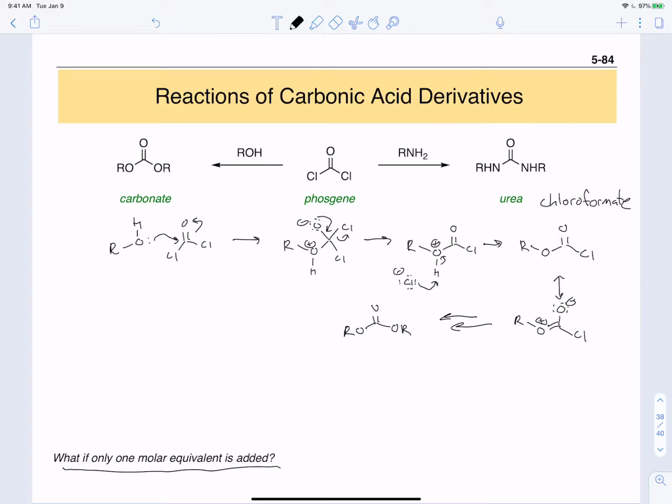The case of ureas, of adding amines into phosgene, is actually a little bit more interesting with one equivalent. So here we're going to have an amine react with phosgene. It'll go through the same arrows. So I'm going to draw two arrows to represent the proton transfers. But in this case, since this nitrogen lone pair is a fairly good donor, this is able to directly kick out the chloride.